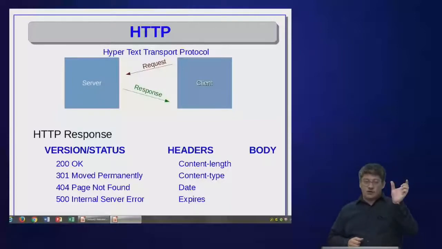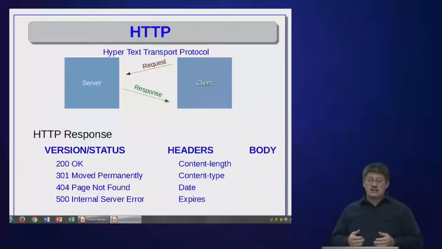So we have the version status part of the response. That's followed in the response by the headers. And it's really important that the web server send these headers because they provide the web browser with information about the page that's important for it to display correctly. For example, one of the headers is the content length. That tells the web browser how many bytes the web page is, so it knows how much data to expect.